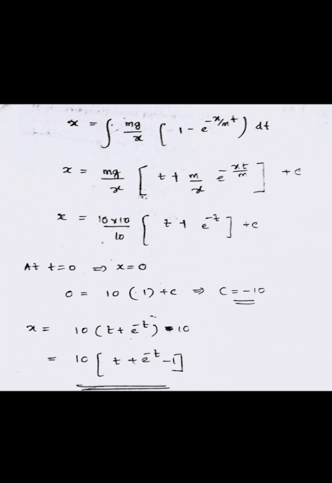That is, x is equal to integral over mg by gamma into 1 minus e raised to minus gamma by m t into dt. That is, x is equal to mg by gamma into t plus m by gamma into e raised to minus gamma t by m plus c. That is, x is equal to 10 into 10 by 10 into t plus e raised to minus t plus c.